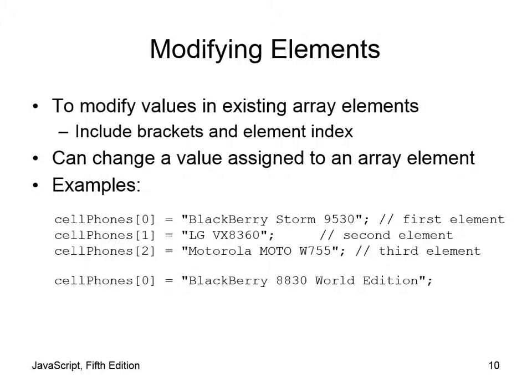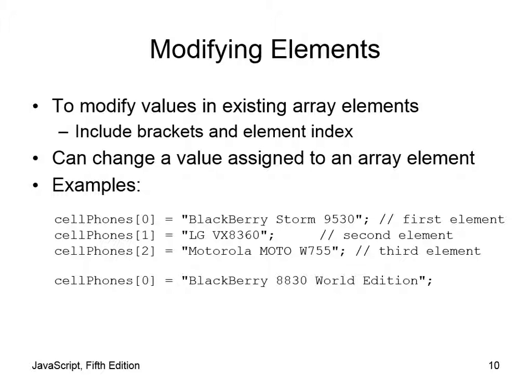If I want to modify it, all I do is come up here, and go 1, 2, and then if I say, okay, well now cell phone 0 is going to equal 8830 World Edition. Next time it prints it out after this assignment will be that. All right. So is that when it goes back through the loop again?